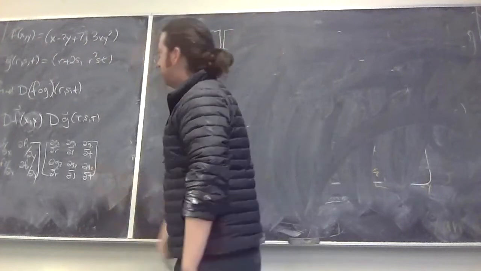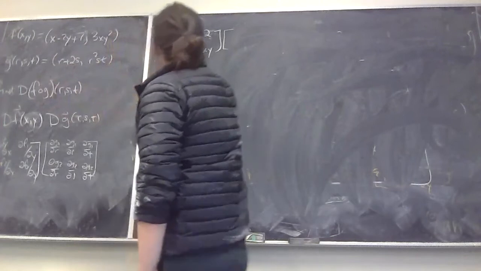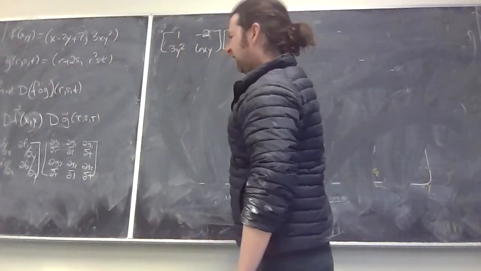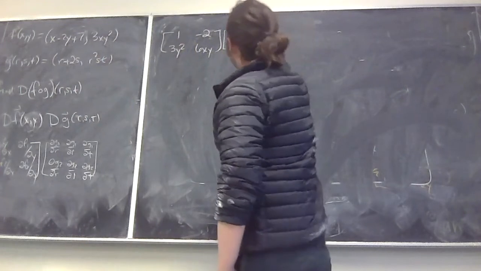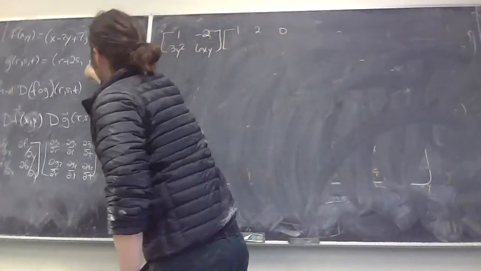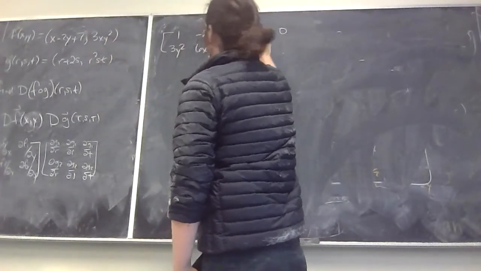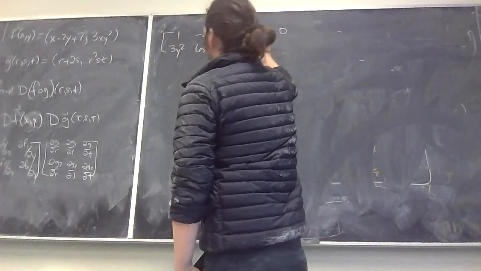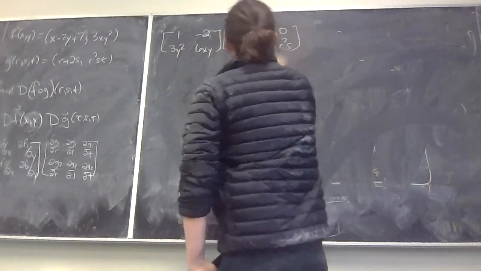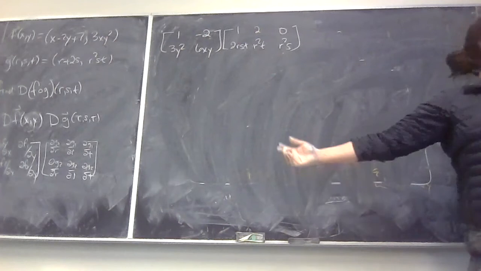The derivative of the g function just means take 3 derivatives of this with respect to the different variables. dg/dr is 1, dg/ds is 2, dg/dt is 0. For this entry, I do the r derivative, the s derivative, the t derivative, and I'm going to get 2rst, r squared t, and r squared s, I believe. And then you're done. You did it. You calculated the derivative.